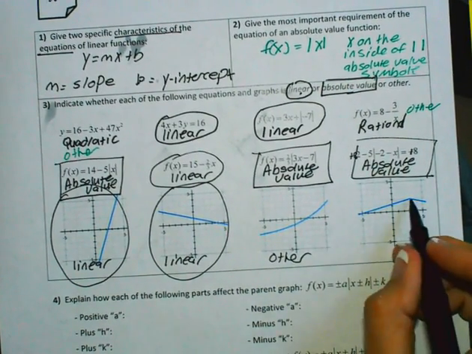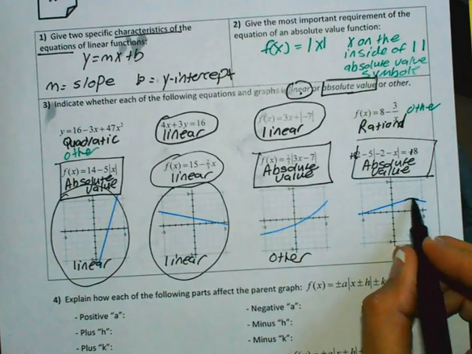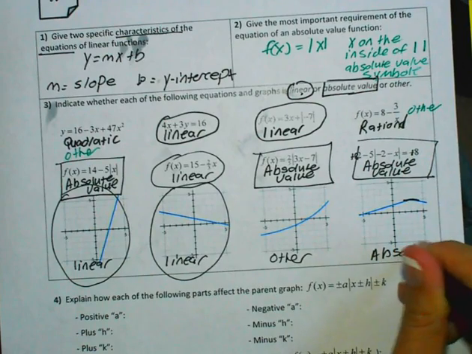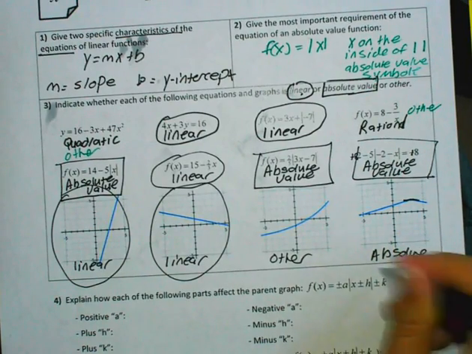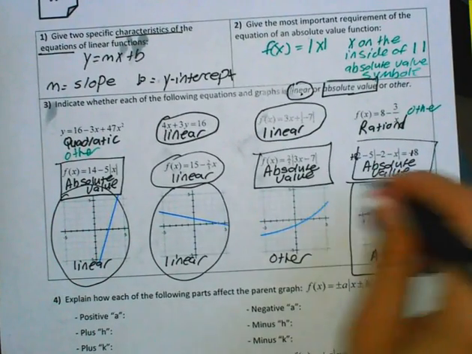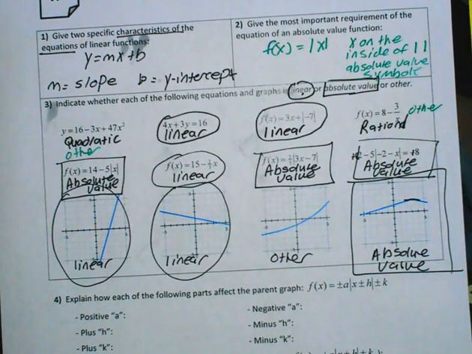And then the last one is a V. It's a very wide V, but it is a V, so it is the absolute value. Put a box around that one. Okay, so all you're doing is recognizing the equation and then the graph for linear and for absolute value.